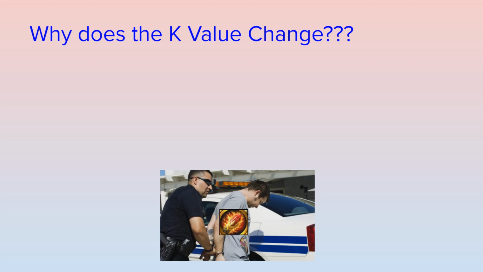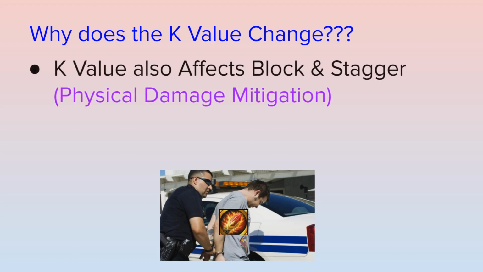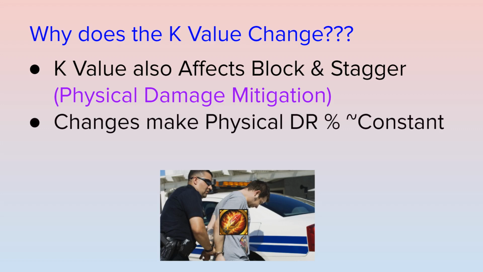First of all, the K value also affects block and stagger mechanics. And while we are not covering these topics right now, these are also mechanics that affect incoming physical damage more than incoming magical damage. Second, the way Blizzard adjusts the K value roughly means that we are reaching the same levels of physical damage reduction from patch to patch, assuming similar gear quality.